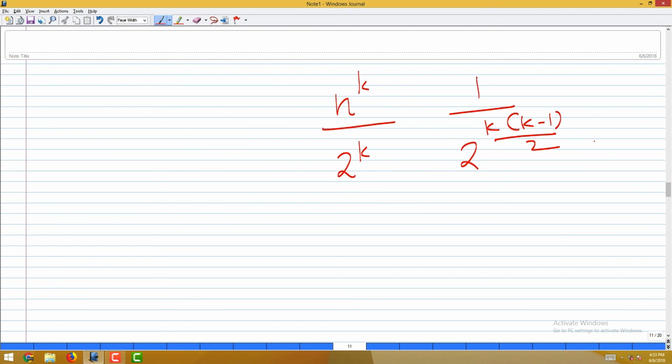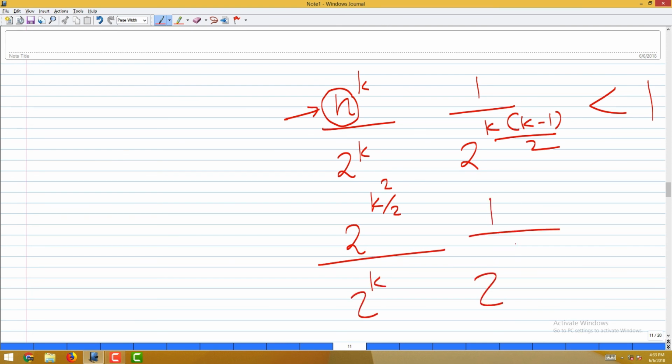If this is less than 1, everything else whatever I wrote previously was less than 1, because I took bigger ones here. My aim is to put n as 2 raised to k by 2. I will just put 2 raised to k by 2 here. That means 2 raised to k square by 2 by 2 raised to k, and 1 by 2 raised to k square by 2 minus k by 2.